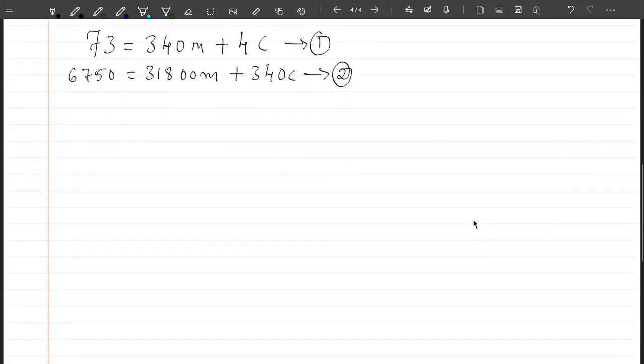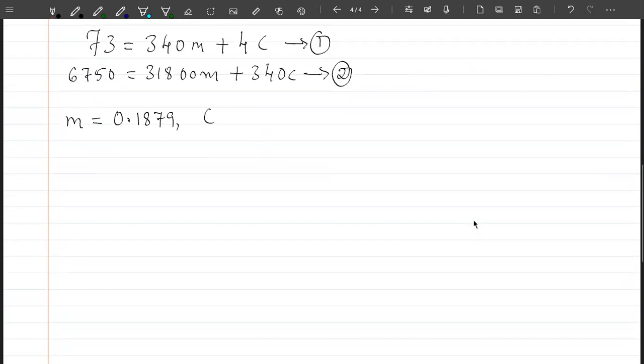So after solving these two equations, I can get the values of M and C. M is 0.1879 and capital C is equal to 2.27858.